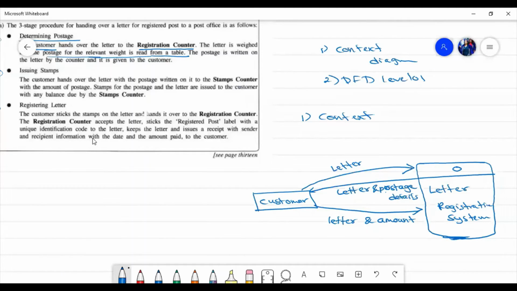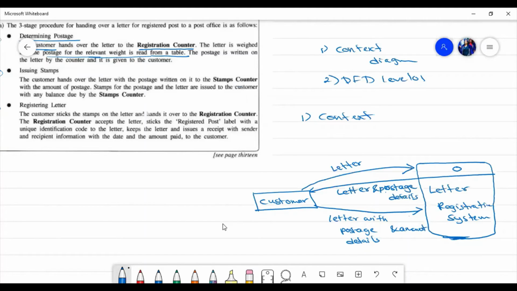You can mention it as a letter with postage details and amount. So let's put it like that: letter with postage details and amount.